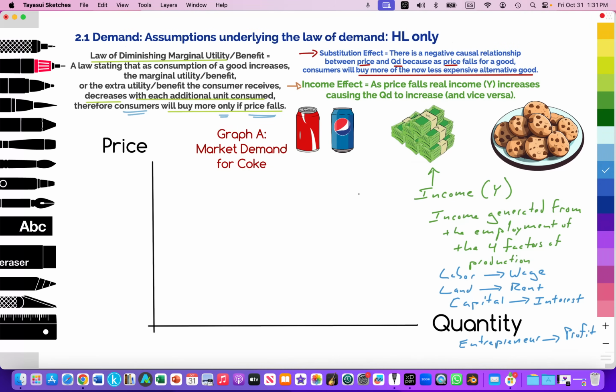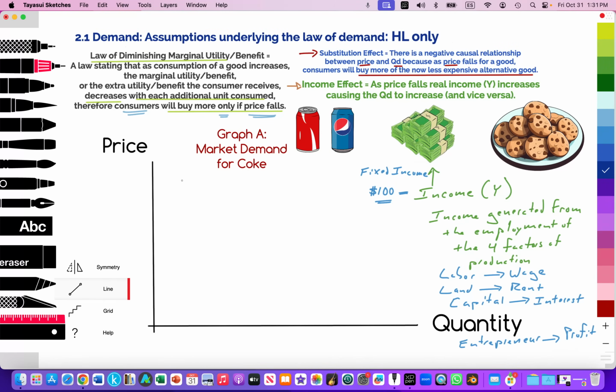Okay. Now let's say that your wages, rent, interest, and profit, whatever form of income you have, is equivalent to $100. You have $100 of fixed income at this point in time. So the consumption or the purchasing power, the power of this $100 to consume is dependent on price.